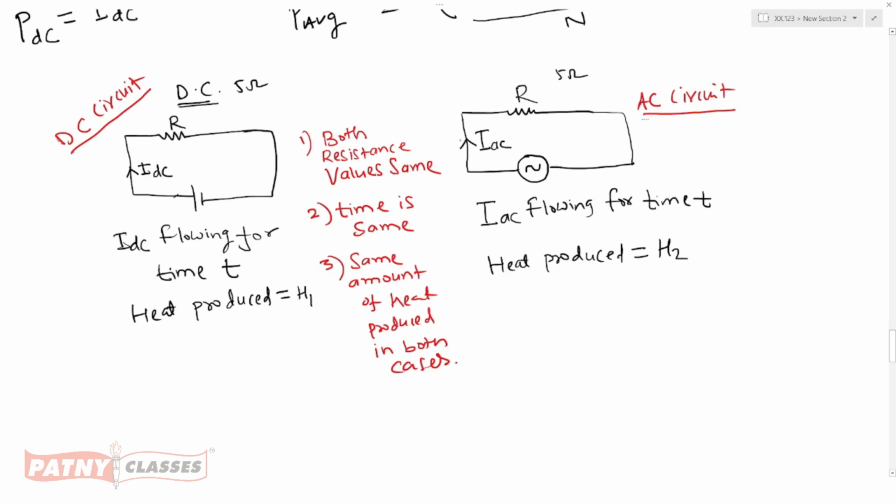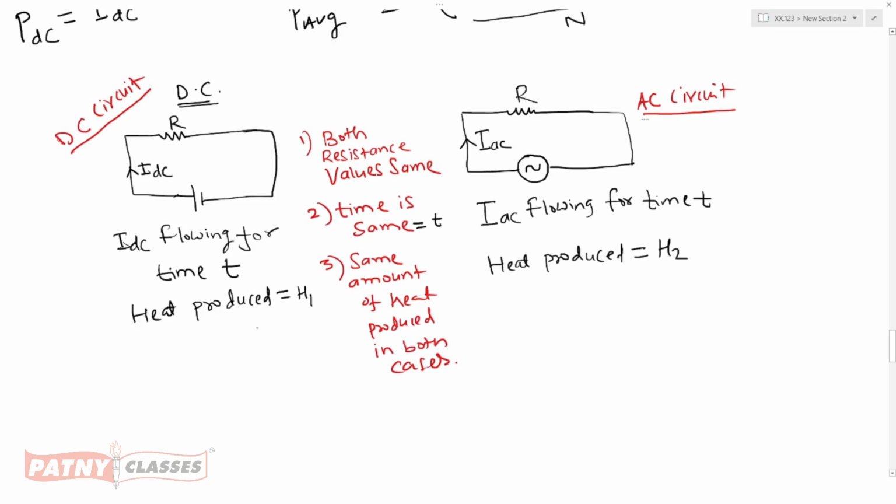The value of resistance is same in both cases, and in both cases the current is flowing for the same time. Let us call the time t. When the current is flowing through the resistor, in both cases for DC as well as AC, heat is produced across the resistor.